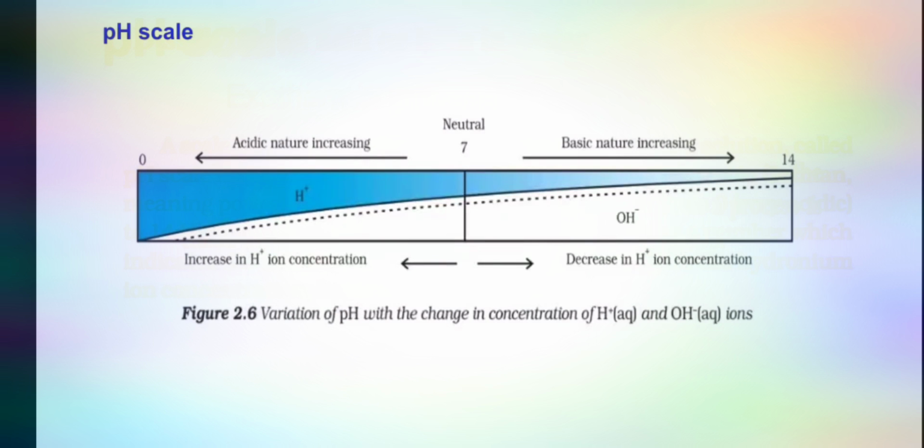That means when the pH value reduces, the acidic character increases, and when the pH value increases, the acidic character decreases. That means basic character increases. So we can say the acidic products show a pH value below 7 and basic products show a pH value above 7. Okay.